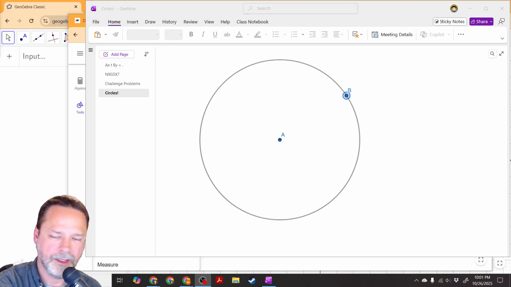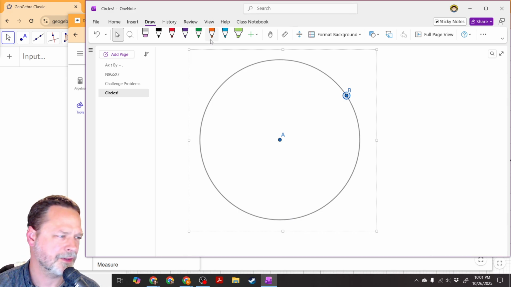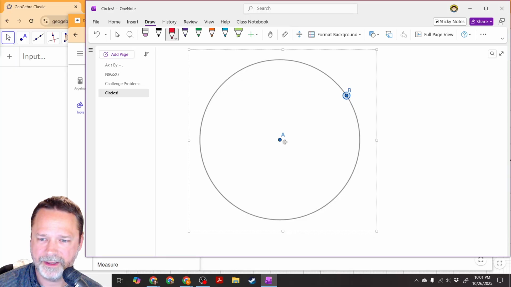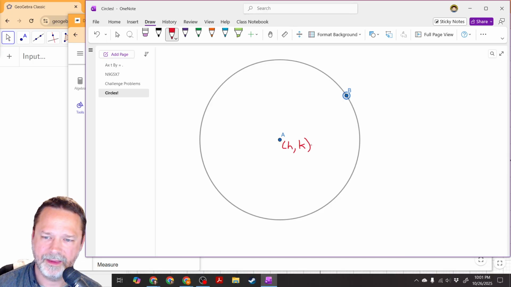All right, and there you go. So I just copied and pasted this in here really quick so we can start messing around with this. And what we're going to do is we're going to go ahead and say that this point here, A, is at H, comma, K. We're going to say that's the coordinates of our center.